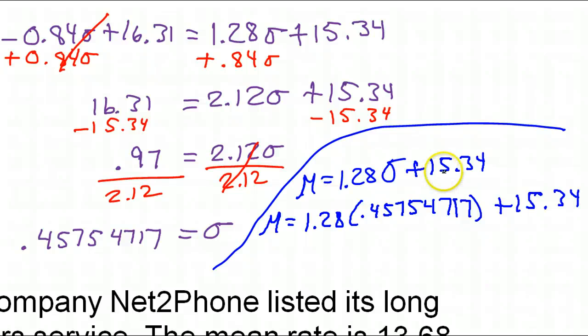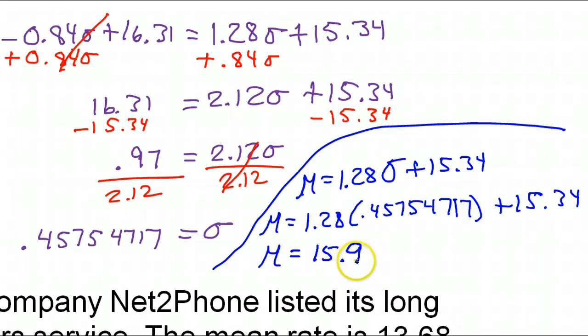Why don't you try it with 4 decimal places and see how close you get to the same thing that I get. So 1.28 times 0.4575 4717 plus 15.34. I'm getting a mean of 15.92566.